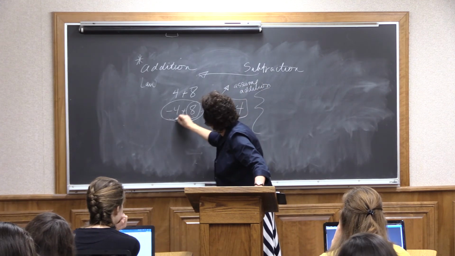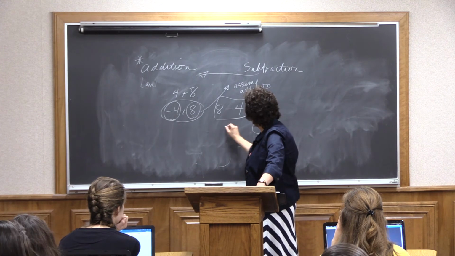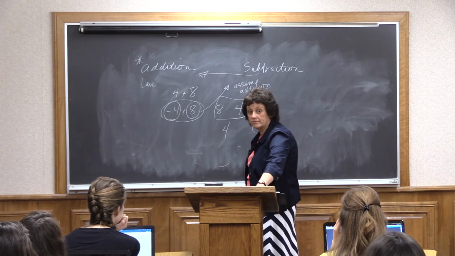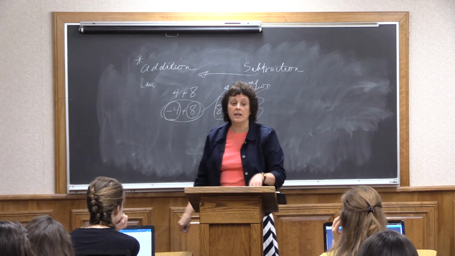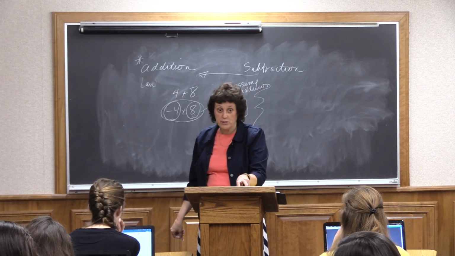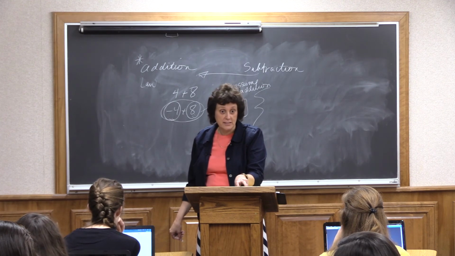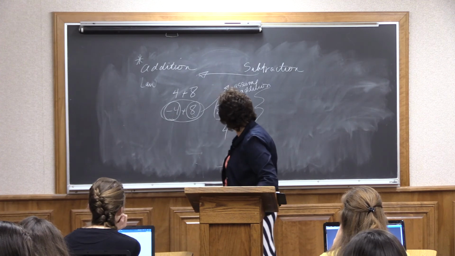This is 8, this is negative 4. 8 minus 4 is still 4. When the signs are not like, they cannot be actually added. I'm not going to add the 4 to the 8. It's never going to be 12. It's never going to be negative 12, is it? I have to go to subtraction.